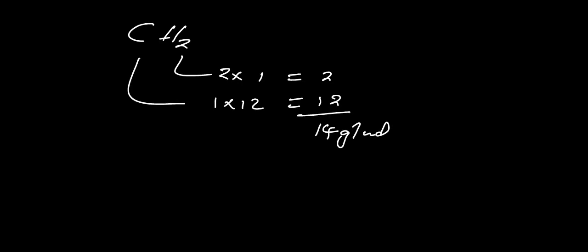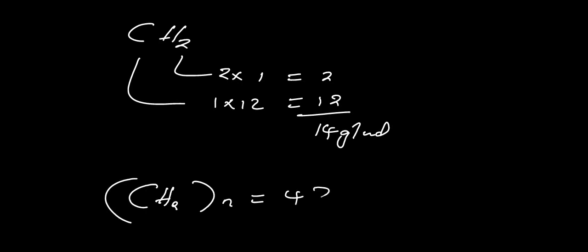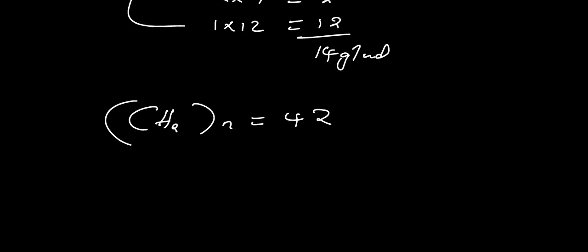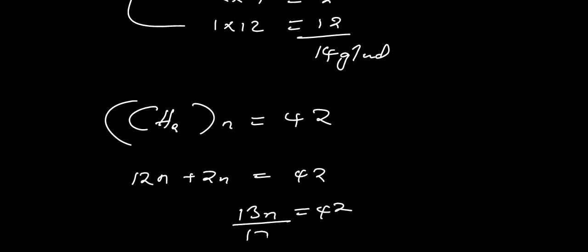Then you write CH2 with an n there, which should give us 42 grams per mole. This is going to be n times (12 + 2), which is 14n, equal to 42.